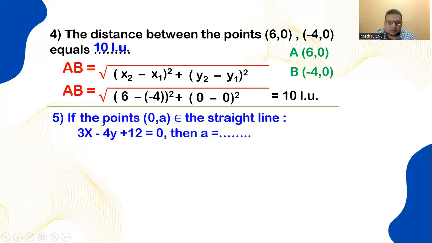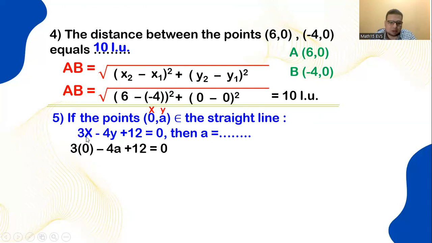Question number 5. If the point (0, a) belongs to the straight line 3x minus 4y plus 12 equals 0, then a equals what? The line passes through this point, so this point satisfies this equation.